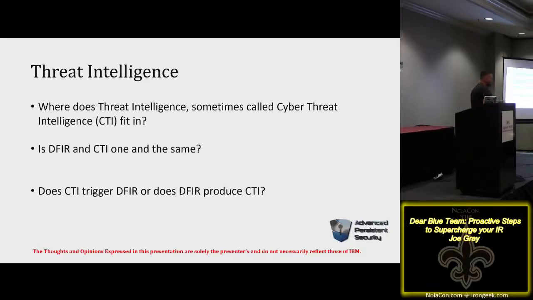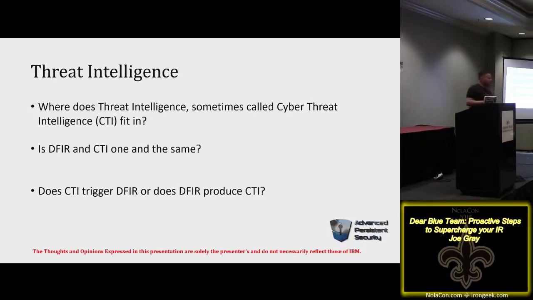But with that, how does this play into the DFIR process? Is one a product of the other, or is it both ways? So they're not the same. Threat intelligence plays into your incident response. It plays into your incident detection.